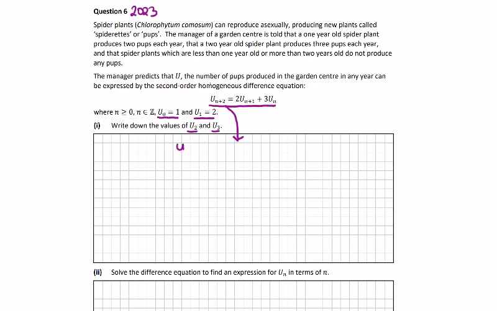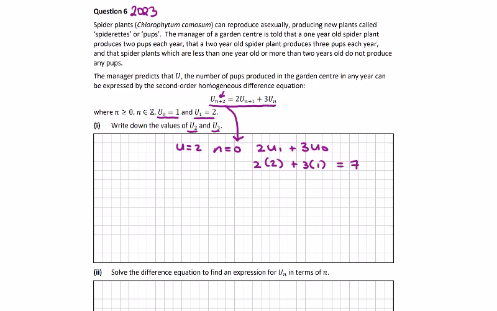So from this, to get u2, n would have to be equal to 0 in here. So we're going to get twice u1 plus 3 times u0, which is twice 2 plus 3 times 1, which is 7.